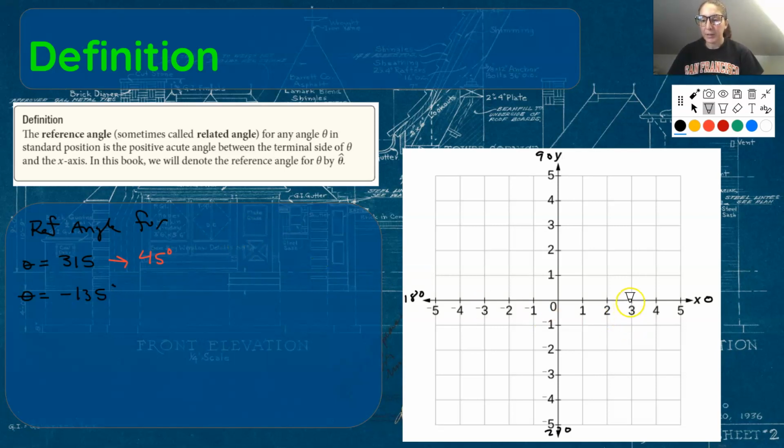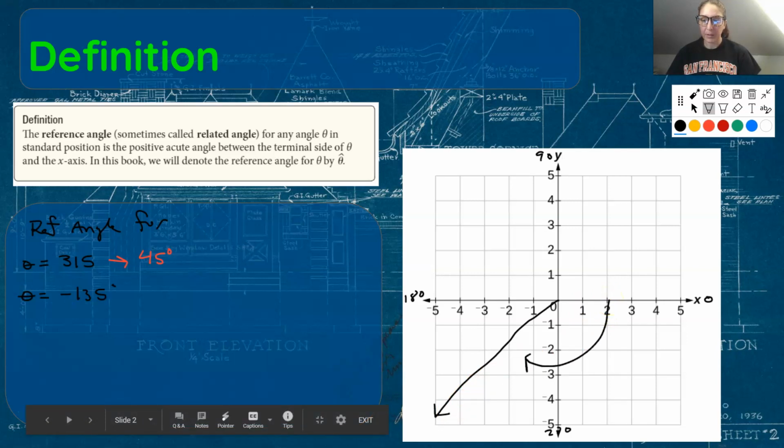So now that's still my 0, but now that's 90, that's 180. So negative 90, negative 180. So my negative 135 is living in here, and we opened downwards.